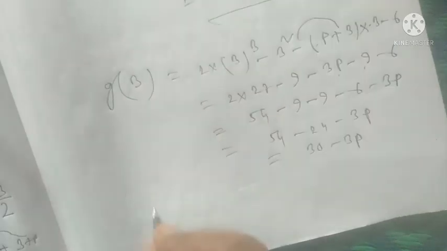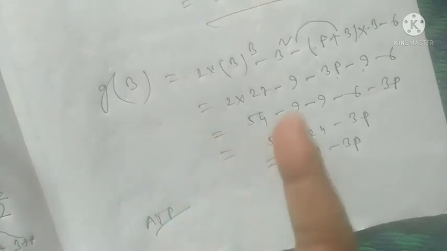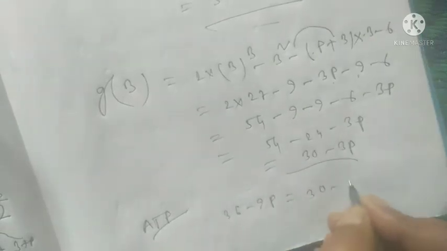According to the problem, the question already mentions the remainder will be the same, then find the value of p. So both remainders are the same, so 36 minus 9p is equal to 30 minus 3p.